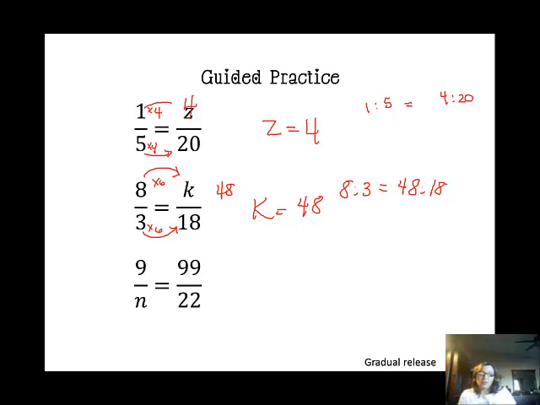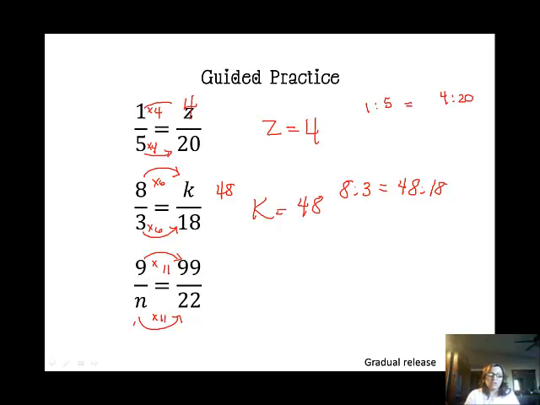Those are equivalent ratios. The next one, 9 over n, equivalent to 99 over 22. We're going to solve for n and figure out the equivalent ratio. So looking at this, I can say 9 times 11 is equal to 99, so it would be n times 11 is equal to 22.